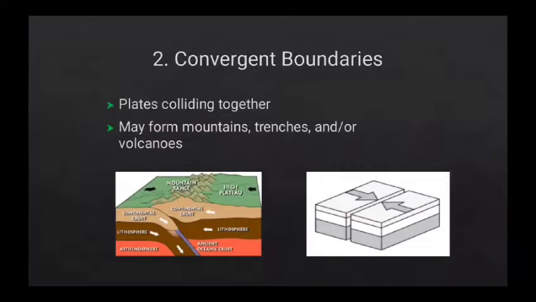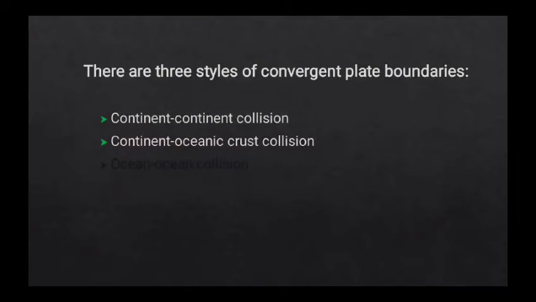Kapag yung dalawang continental crust ay nagko-collide, it forms mountains, trenches, and or volcanoes. There are three styles of convergent plate boundaries. First, continent to continent collision. Second one, continent to oceanic crust collision. And the third one is ocean to ocean collision.